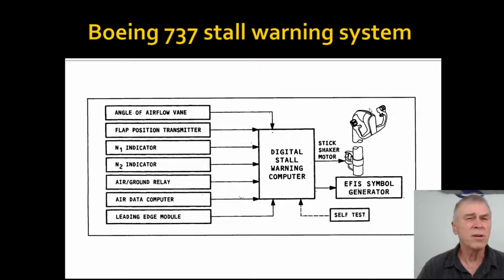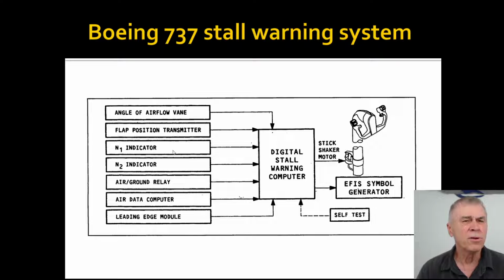What else do we see? We see a block diagram with a number of inputs going into a digital stall warning computer, which does send out a signal to the display through the symbol generator. What goes into it? Do we need to know all this?